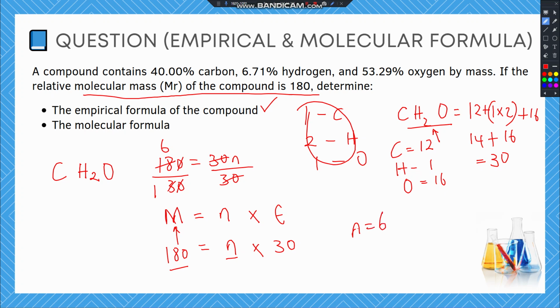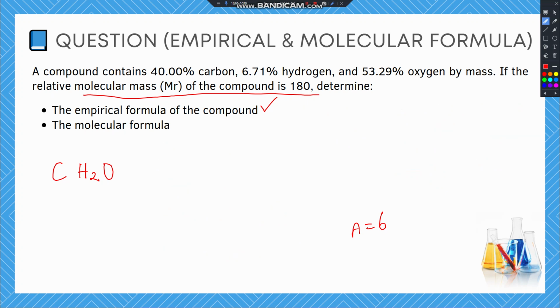So now we can use this information to find our molecular formula. How do we do that? Remember, molecular formula M is equal to N multiplied by the empirical formula. We have our empirical formula to be this. So our molecular formula will be equal to 6 times CH2O.